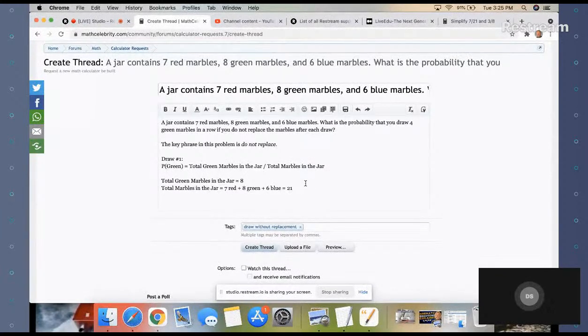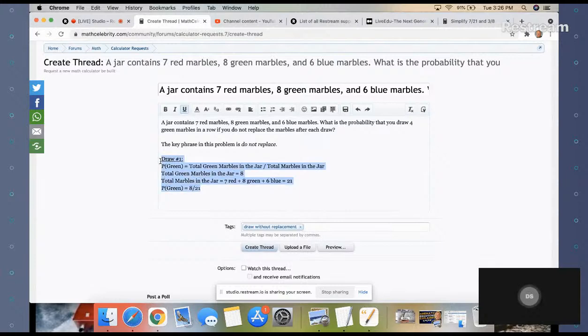So now that we have our 2 items, we've got our probability of green equals 8 over 21. So that's it. Total green in the jar divided by total marbles in the jar, and we get our probability.